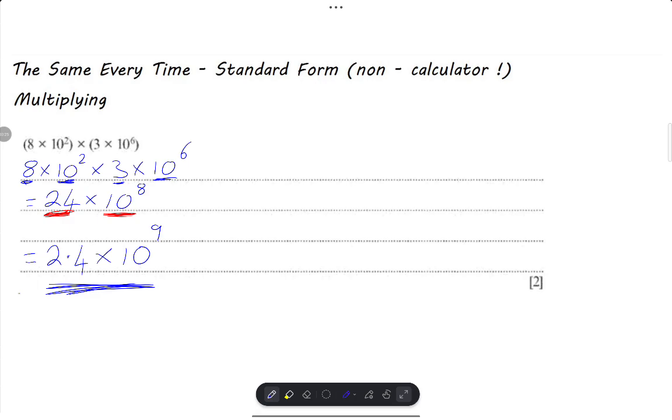It has to be a number between 1 and 10, so 2.4. And to get from 24 to 2.4, I divide by 10. And to cancel out my divide by 10, I have to multiply the 10 to the power 8 by 10, which gives me 10 to the power 9. So basically, I'm moving the decimal point one place to the left and increasing the power by 1.